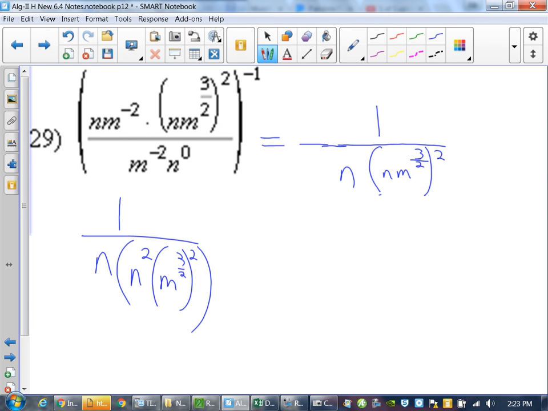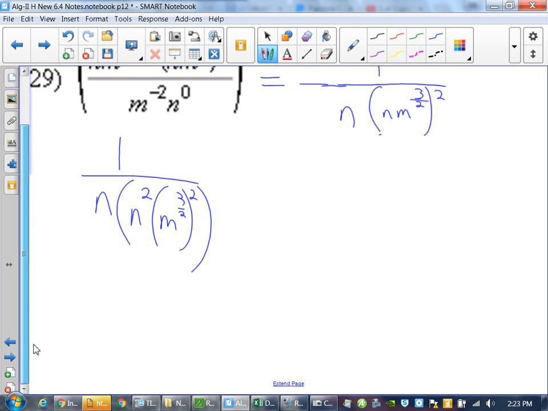What's 3/2 times 2? 3. You're done. No negative exponents and no fractional exponents.